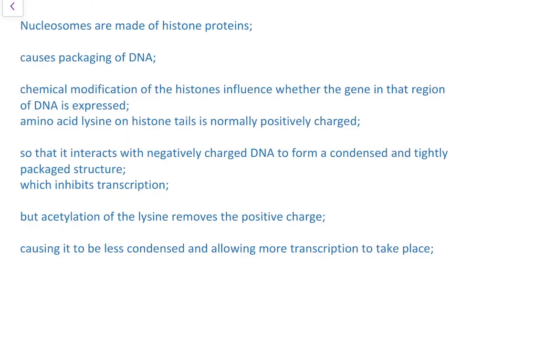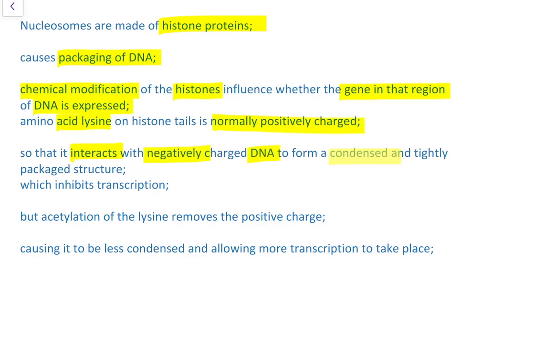Here's our summary. Nucleosomes are made out of histone proteins. They are involved in the packaging of DNA. There can be chemical modification of histones which influences whether the gene will be expressed, whether it will be transcribed. The amino acid lysine is normally positively charged, and that means that it interacts with negatively charged DNA.